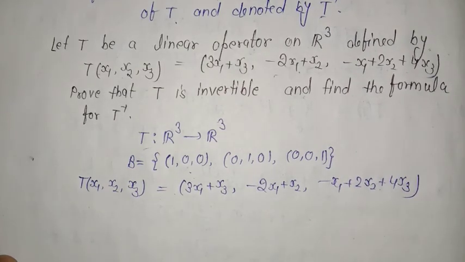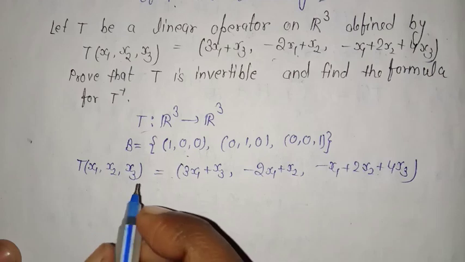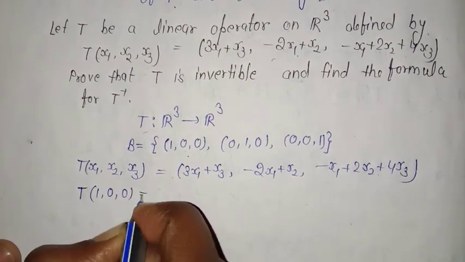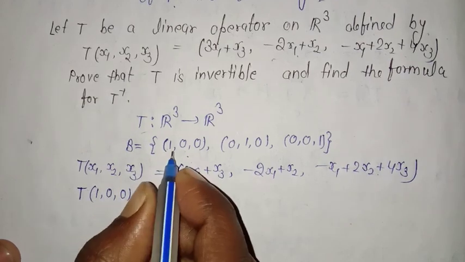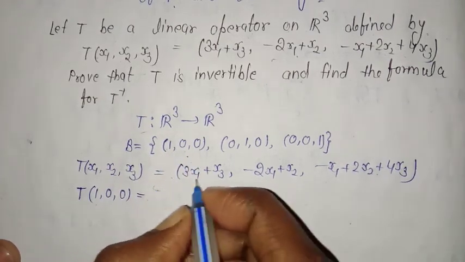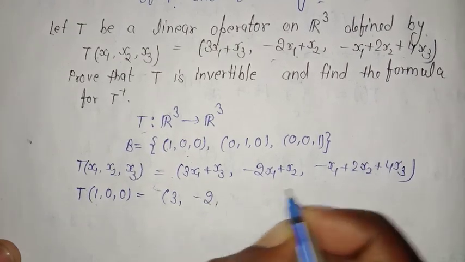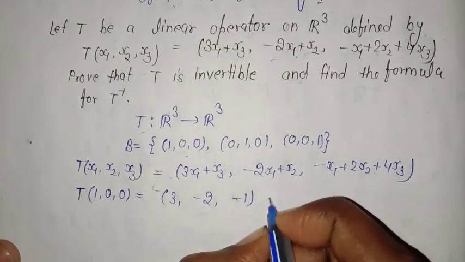Now this was the given transformation. If we apply the definition, this becomes T of (1,0,0), because we have taken the first element of the basis, and this will be written as (3,-2,-1).